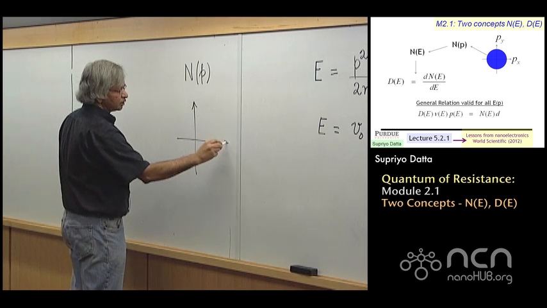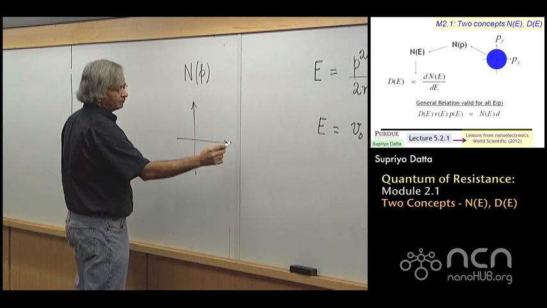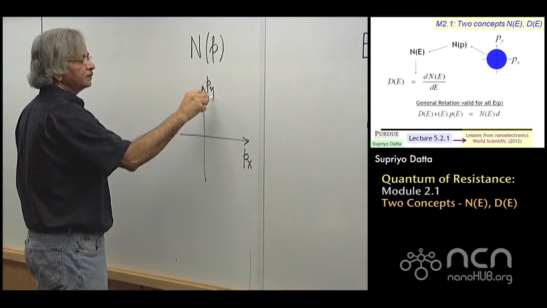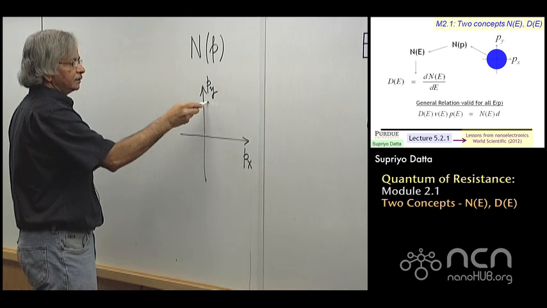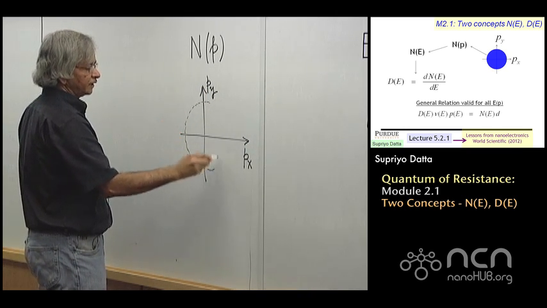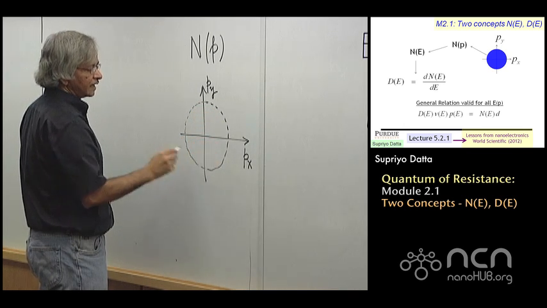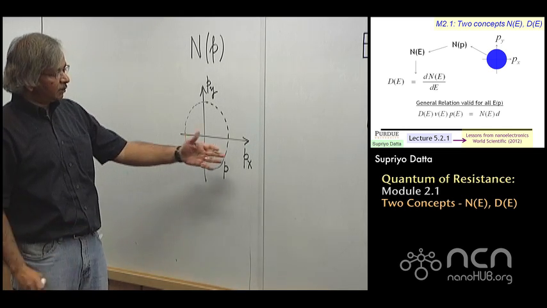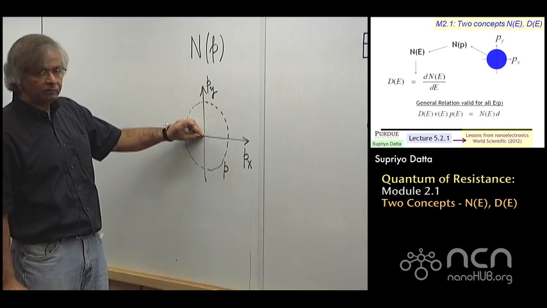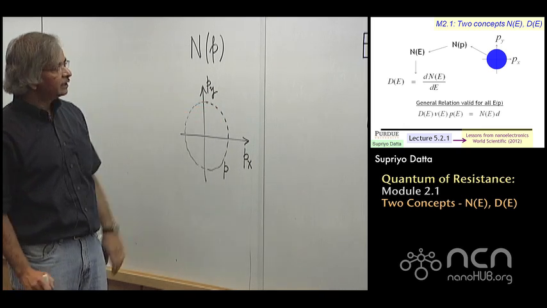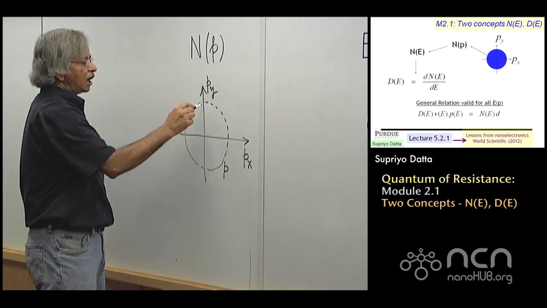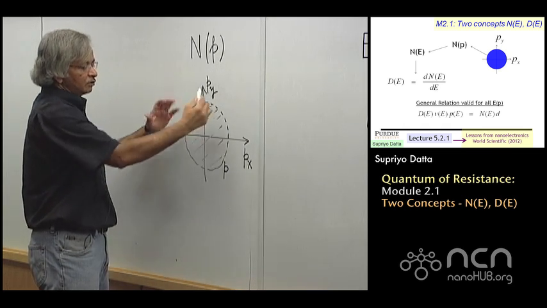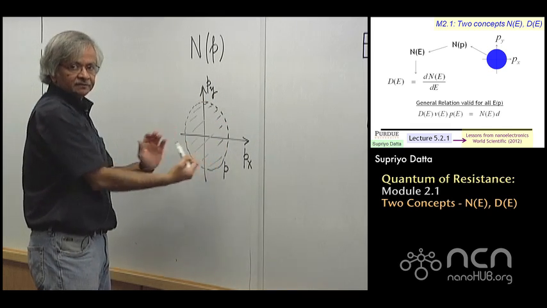Momentum can have an X component, and momentum could have a Y component. If I draw a circle like this, that tells you the magnitude of the momentum. And momentum minimum could be 0, and then it could be something more than that. And this N of P tells you how many electronic states are available up to this radius.